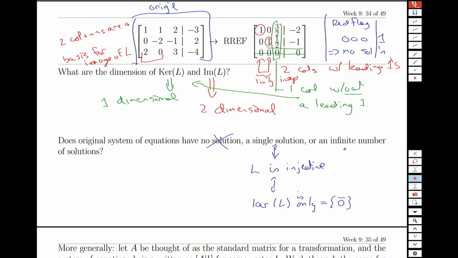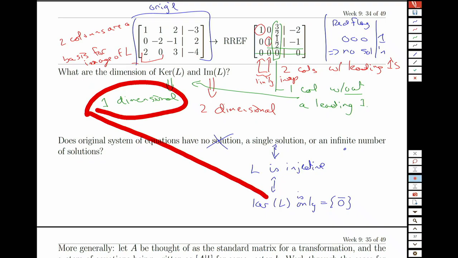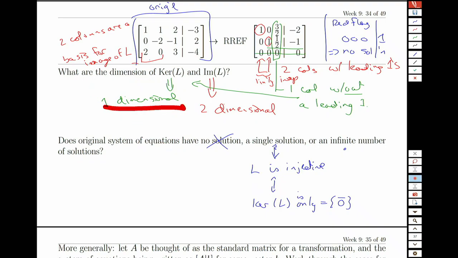We can apply a little logic here. If the kernel is only the 0 vector, our kernel is one-dimensional. Is the kernel just the 0 vector, yes or no? No. I've got a whole dimension to play with. There's going to be some line in 3-space. Yeah, we're working in 3-space. There's going to be a whole line of points that all map to the 0 vector.